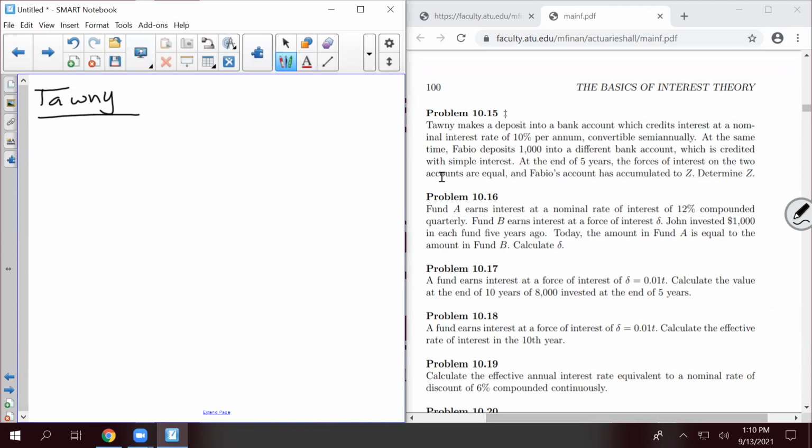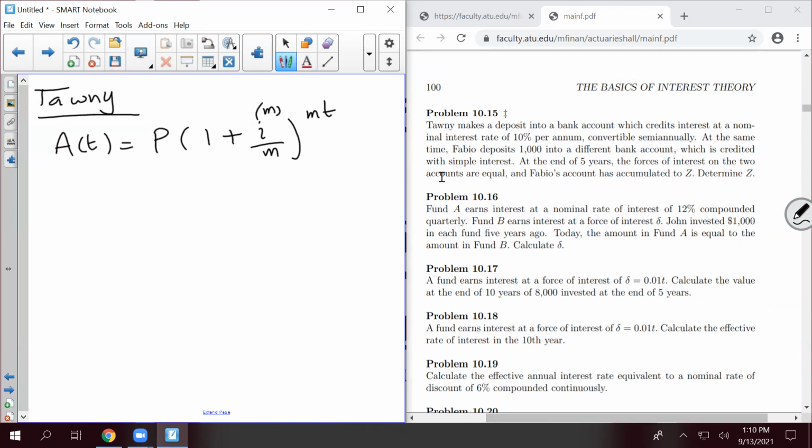So A of t, we don't know what her principal is. The general formula is P times (1 + i^(m)/m)^(mt), right? That's our generic formula.